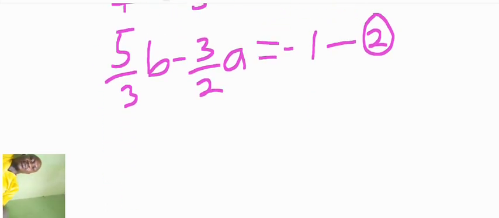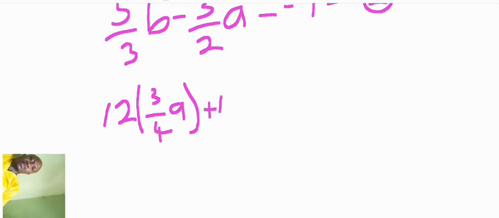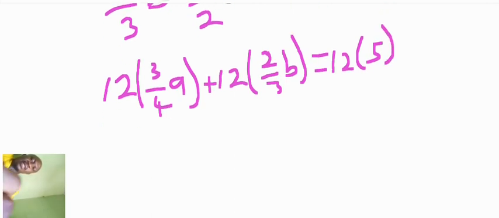So from equation 1, we have 12 multiplying 3/4 A plus 12 multiplying 2/3 B, and this is equal to 12 multiplying 5. Clearly, 4 divides itself 1 and 4 divides 12 3.